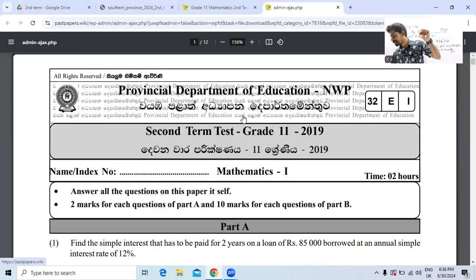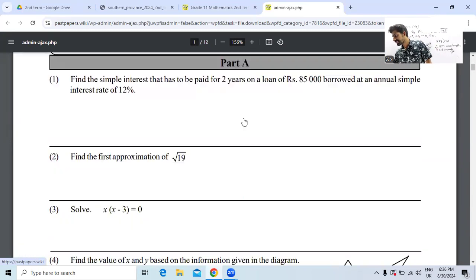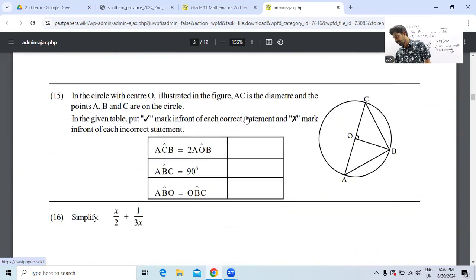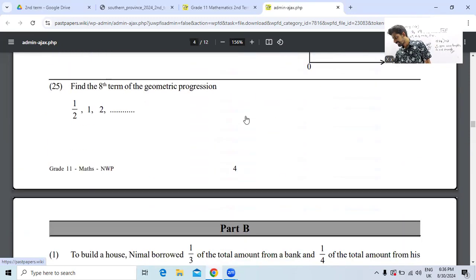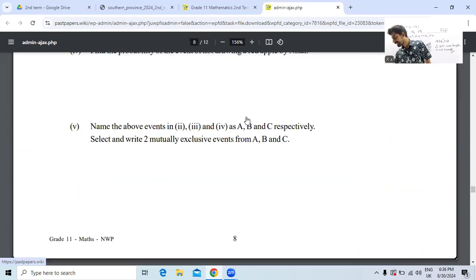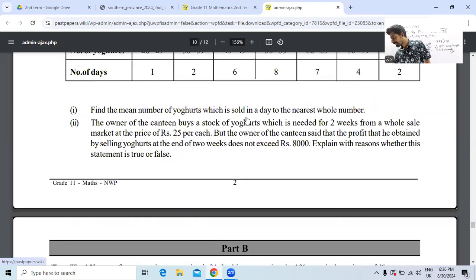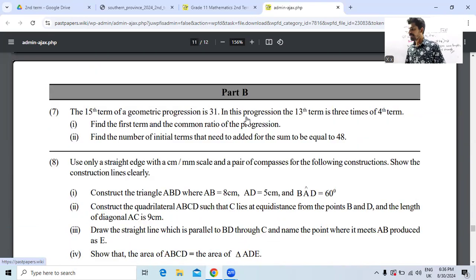It is from the Northwestern Province 2019 paper. The question is about the 15th term of a geometric progression. This is regarding the geometric progression, right? Let's try to do that one later.